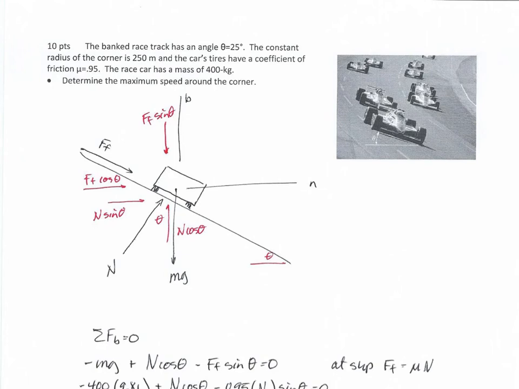Then the last one is our banked track. We did this one in class actually, with just different numbers. I gave you, I think, 3 homework problems on banked track, so I was hoping that we'd be prepared for this. What you do is you recognize here that this is an NTB problem.